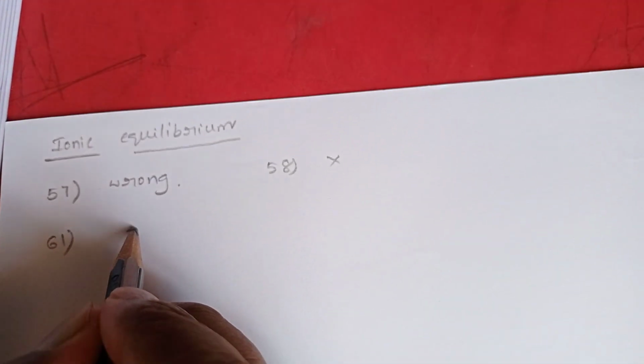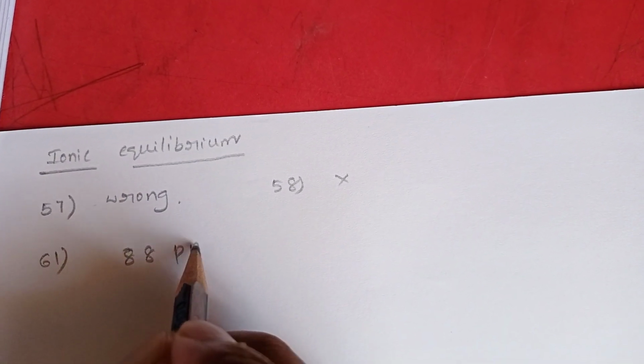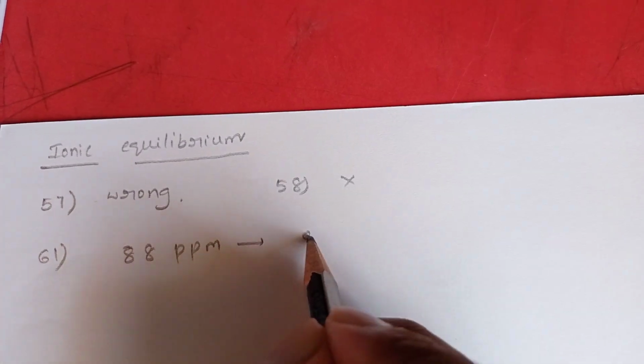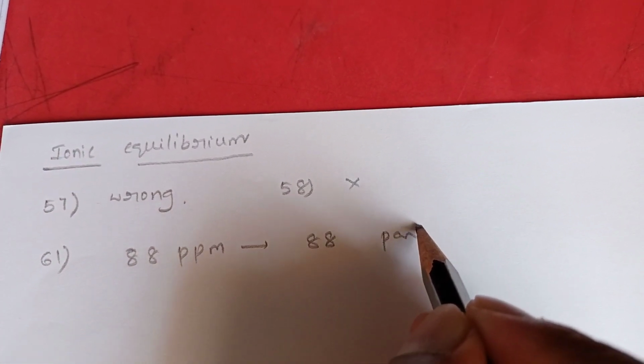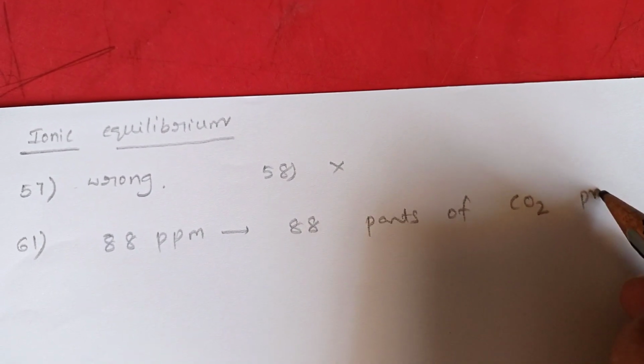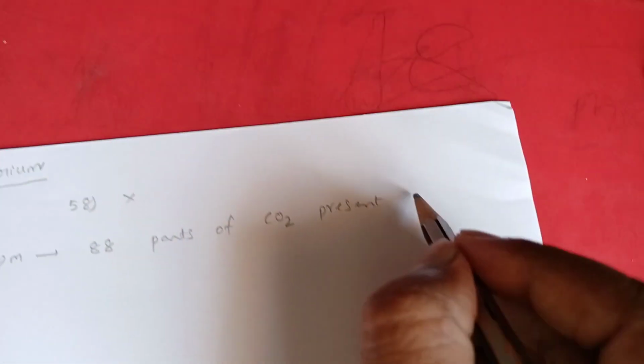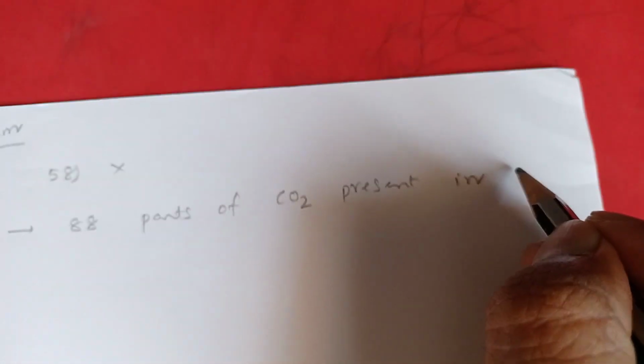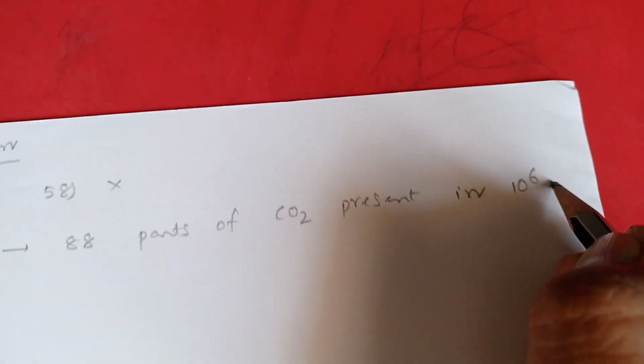88 ppm means 88 parts of CO2 present in 10 to the power of 6 milliliters.